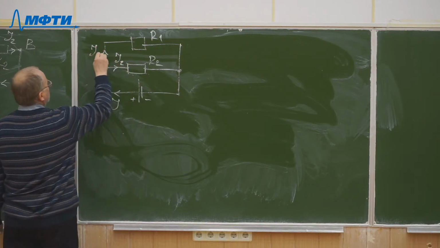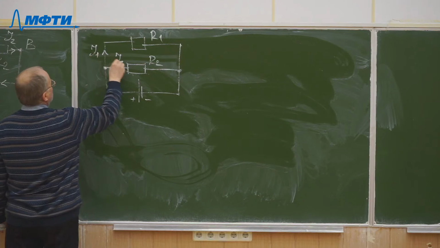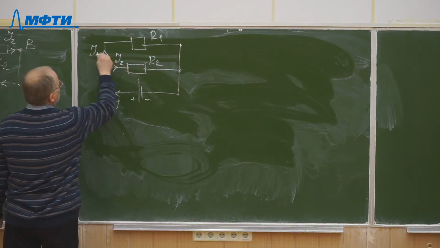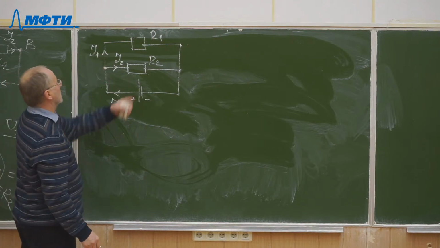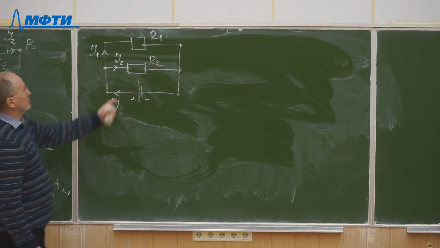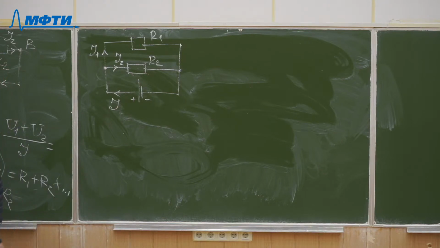So currents I1 and I2 are not, in general case, equal. These will be different currents because the resistors are different in general case.